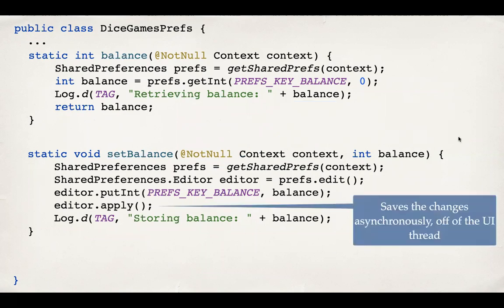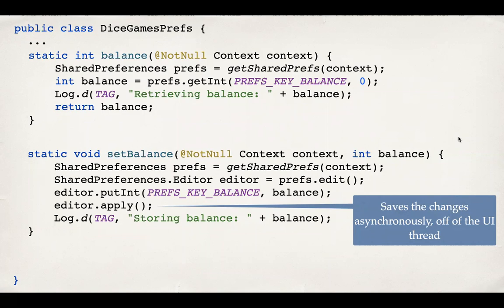So what happens here is this apply method saves the changes asynchronously without affecting your UI thread. So your UI thread is the one where the user is interacting. We'll talk a little more about threading a little later. But the point here is you should not hold your UI thread for writing things to the file. Remember, this is a file, this is external, so it's going to take more time than writing to the bundle instance internally like we did earlier.